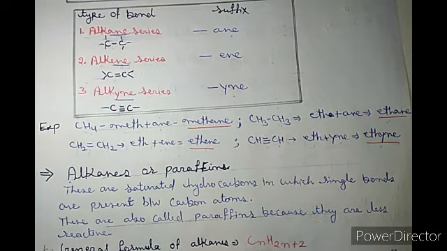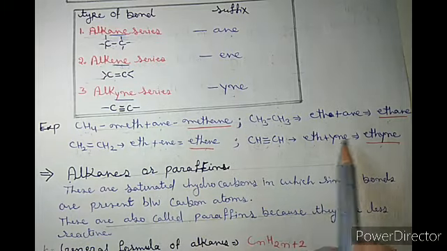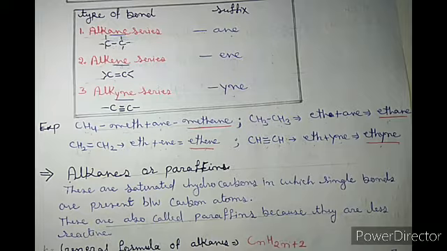In the next example, there are 2 carbons, eth, and a triple bond is present, that means the alkyne series, so ine is used, so the name becomes ethyne. Got it? This is the basic principle of IUPAC nomenclature of hydrocarbons. The more rules we will discuss when we discuss the alkenes and alkynes.